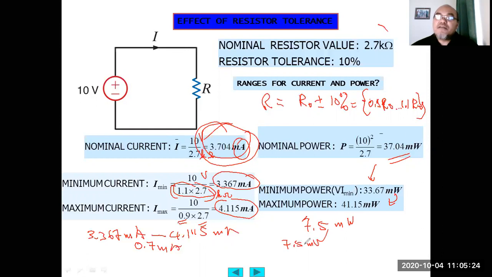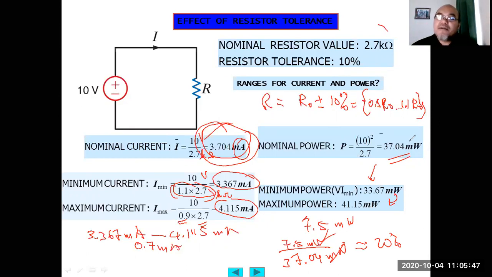So this 7.5 milliwatt divided by the nominal power, 37.04 milliwatt, is more or less also about 20%. If you multiply by 5, yes, more or less also about 20%. Why? Because the tolerance is 10%. So plus minus 10% tolerance means plus minus 10% of the nominal value.